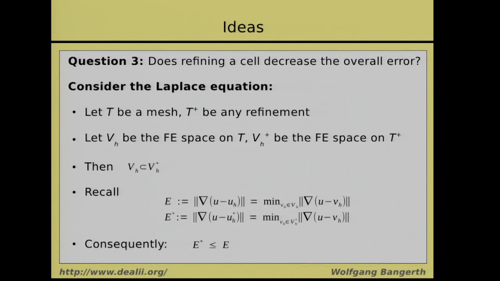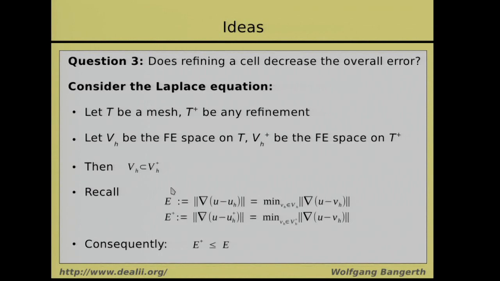If you define the space VH on T and the space VH plus on T plus, then for the typical elements that we have, it's not very difficult to see that VH is a subspace of VH plus, right? So in essence, I just add a few more shape functions to the existing space in order to get VH plus. And these additional shape functions are the ones that are defined on the child cells.